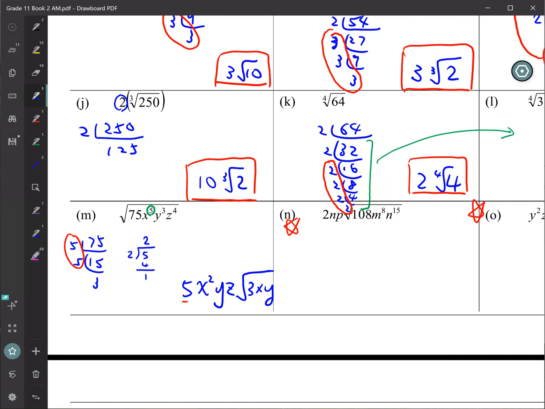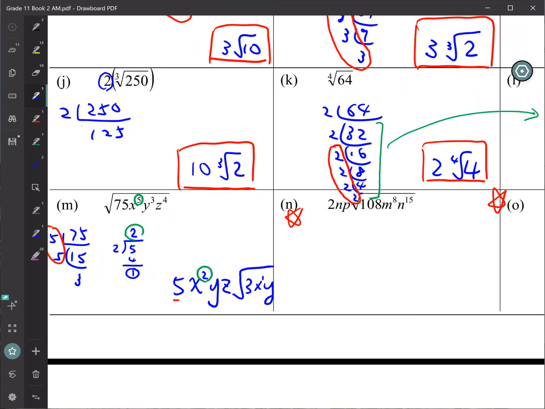So this 2 here tells you you can have a square on the outside. And then the remainder of 1 tells you you will have 1 left over on the inside. Okay, if you want a rule like that, right? But you got to understand why we do that, right?